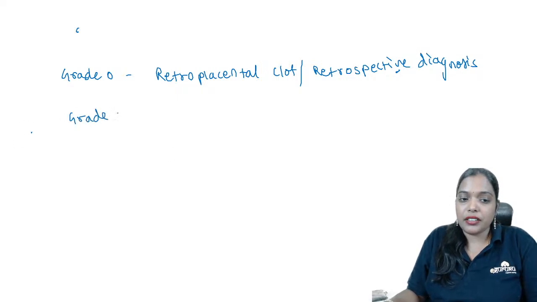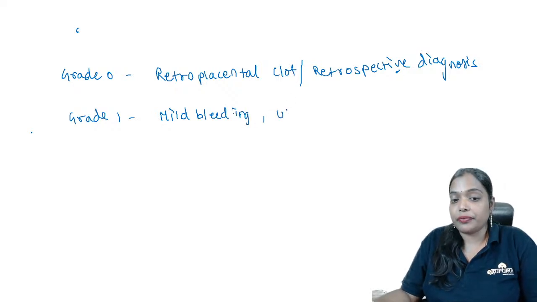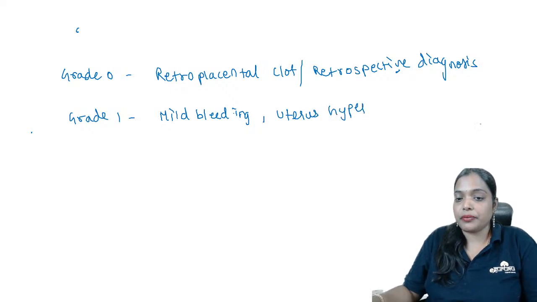Grade 1 is mild bleeding, uterus hypertonic and tender, but no fetal distress here. So only symptoms, but no fetal distress.